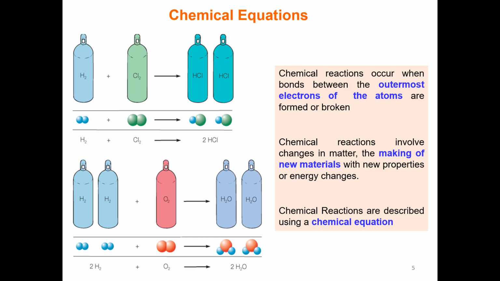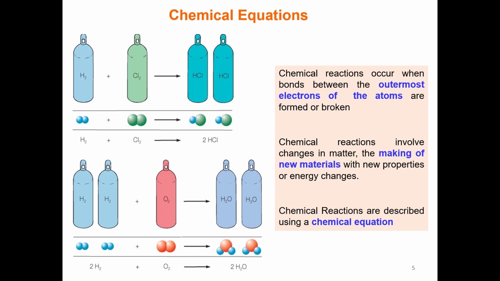Then, chemical reactions occur when the bonds between the outermost electrons of the atoms are formed or broken. We know that in chemical reactions, the outermost electrons are the electrons that play a role. A chemical reaction involves a change in matter.